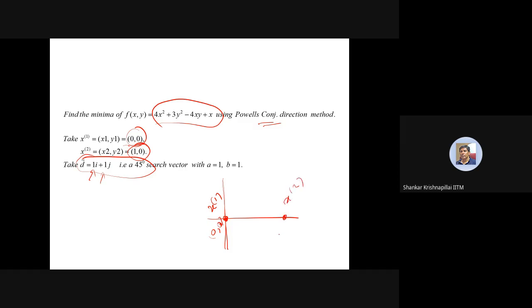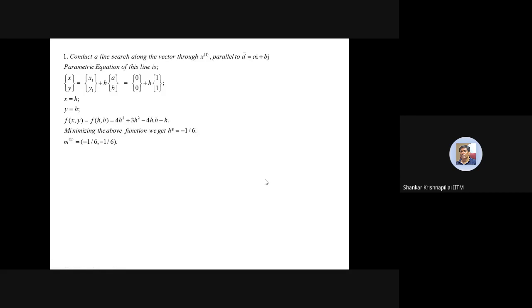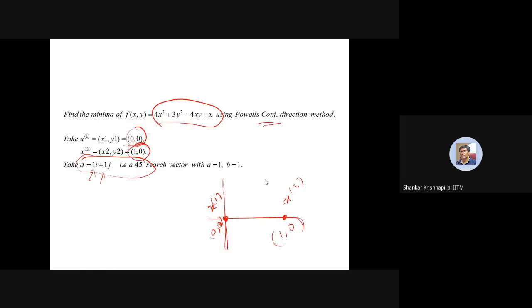x2 is 1, 0. And the search vector D is like this, 1, 1. So it is 45 degrees.